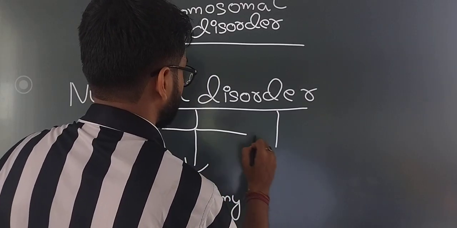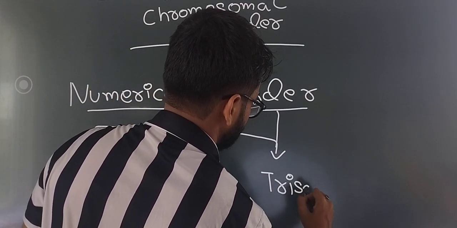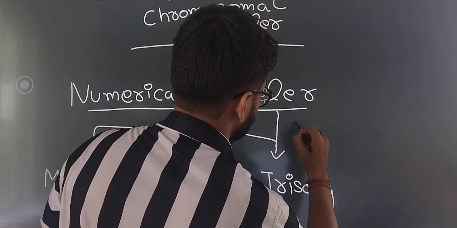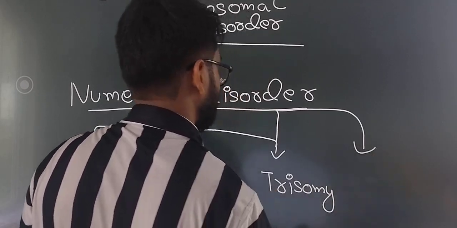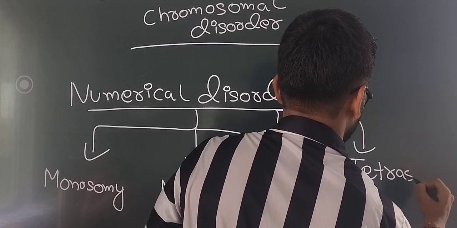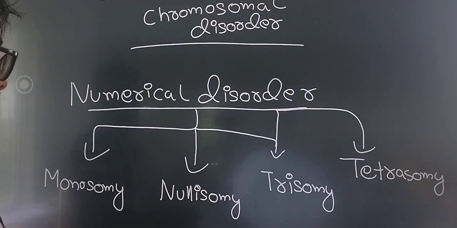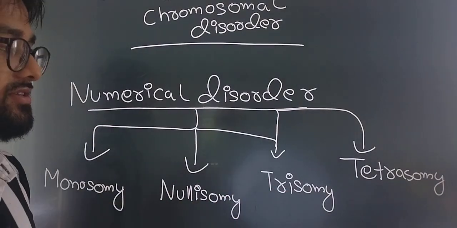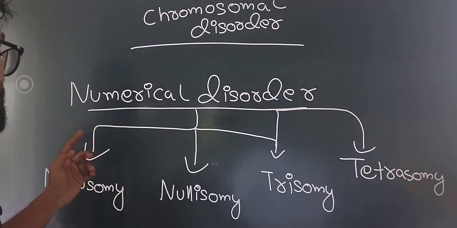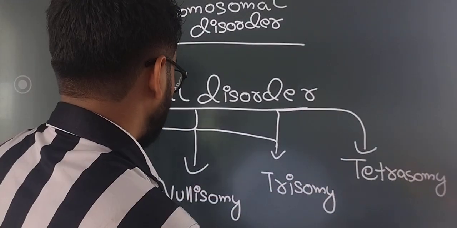Third will be your trisomy, and the last is your tetrasomy. I'll explain everything. These are the four types of numerical disorders that you can see: monosomy, nullisomy, trisomy and tetrasomy. There are more.